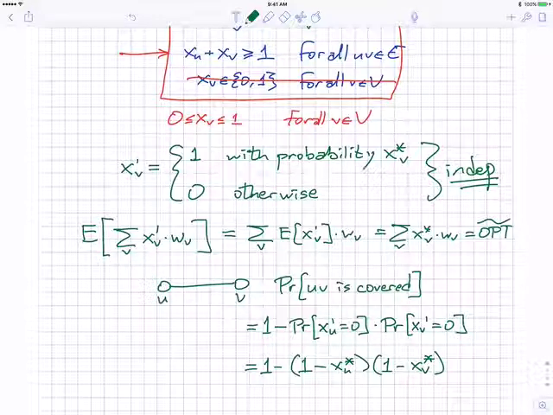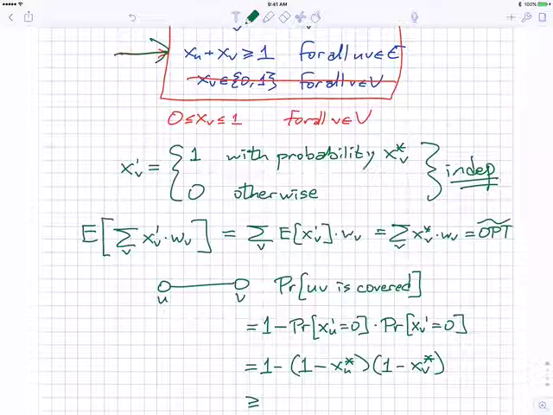Okay? Now, what I'd like to be able to say is that this is greater than or equal to something. So that's going to be the same as saying this expression after the initial 1 minus is less than or equal to something. So I want to think, what's the maximum possible value that I could have here? But I have constraints on xu star and xv star coming from here.